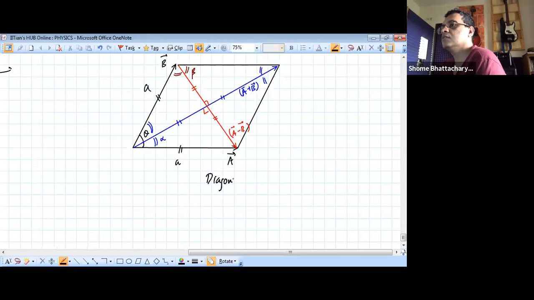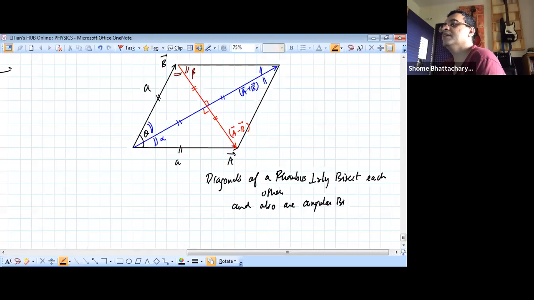So the diagonals of a rhombus perpendicularly bisect each other, and also are angular bisectors of the sides. Okay.